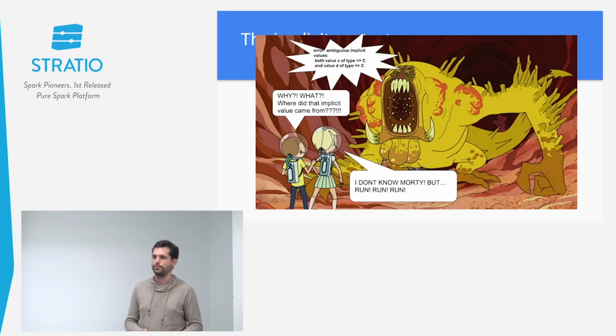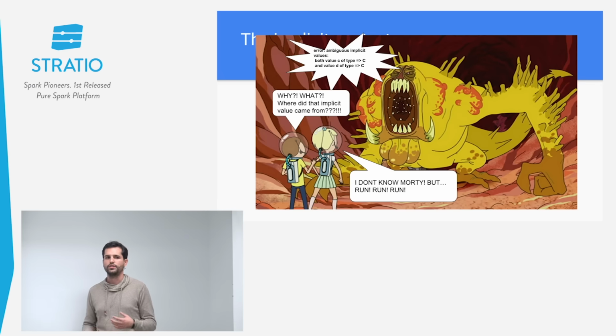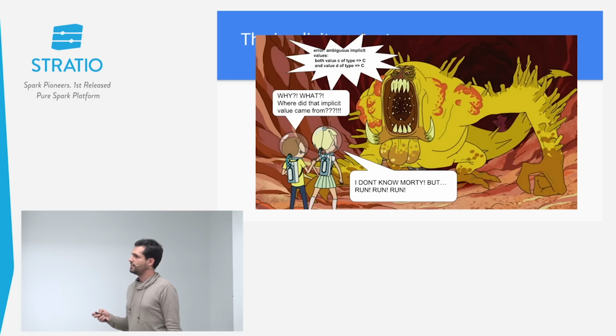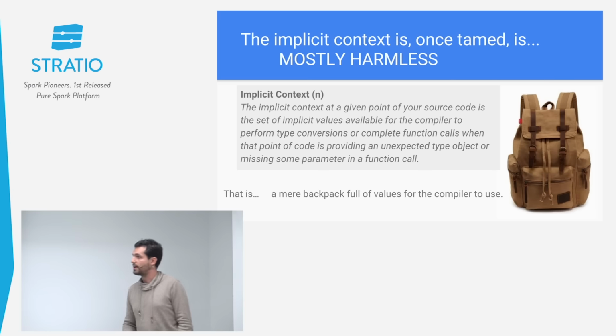But that isn't true, okay? That's because people usually don't have a clue how the implicit values and conversions are applied or where they come from. This monster we have seen before is just a backpack.